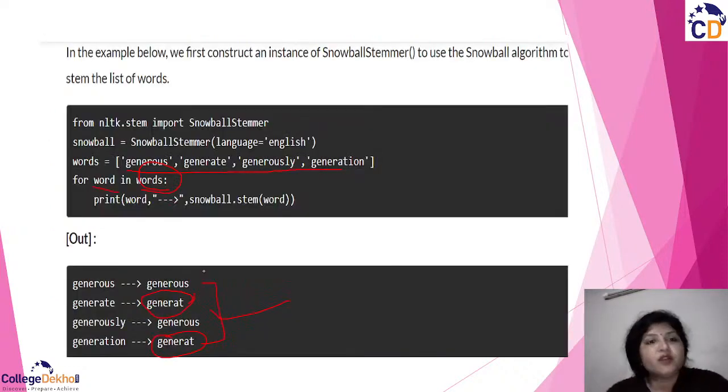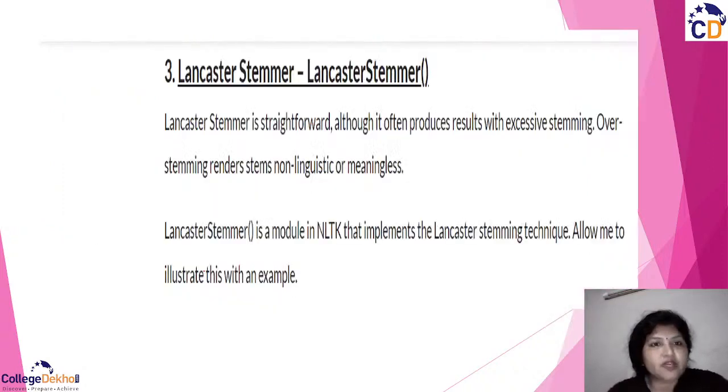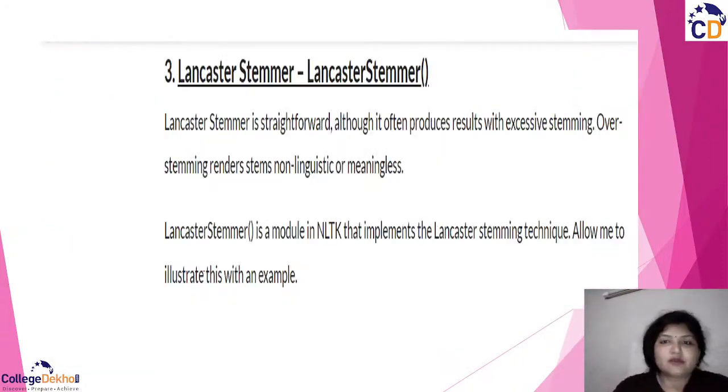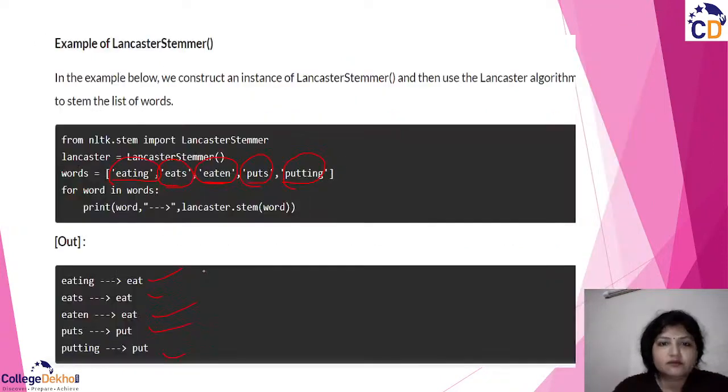So we have studied Lancaster. In Lancaster, the main thing is that sometimes, if a word has a "tion" part or "ate" part, it is not going to give you the correct base form.